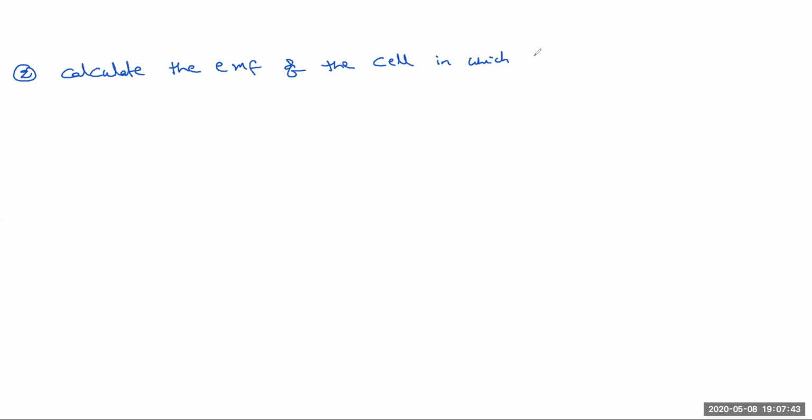Calculate the EMF of the cell in which the following reaction takes place.